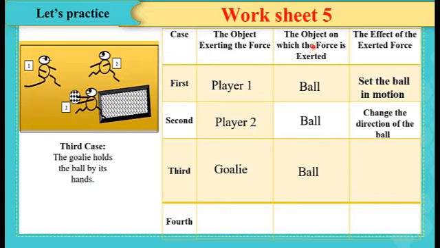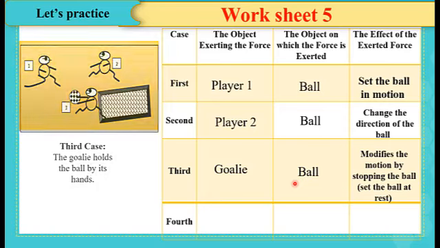So the ball is the object on which the force is exerted. What is the effect of the exerted force? The goalie modifies the motion of the ball by stopping it. So the goalie modified the motion by stopping the ball. It set the ball at rest.